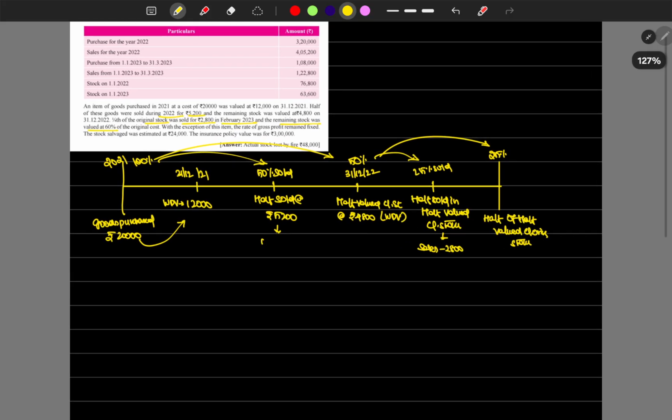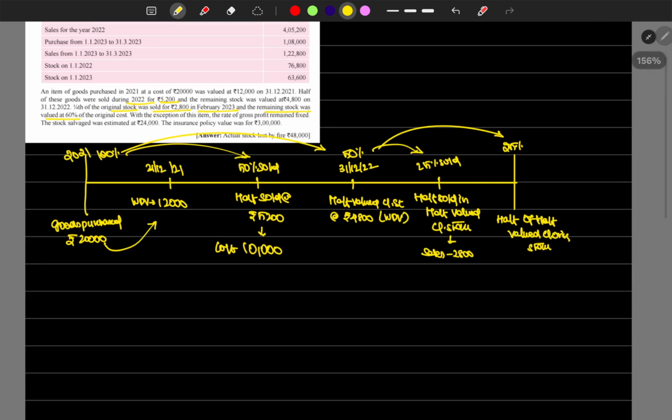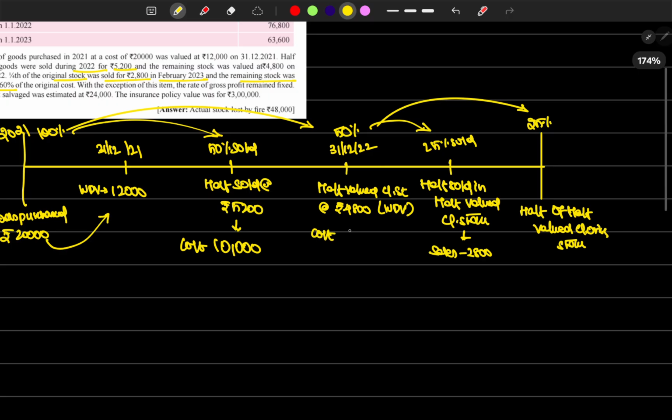50% has been sold, which cost 10,000. 10,000 is the original cost, right? And 10,000 has been sold, and the remaining 10,000 is kept at 4,800. This is the WDV, and half of it was sold for 2,800, but the cost is 5,000, because this is half of this percentage, right?